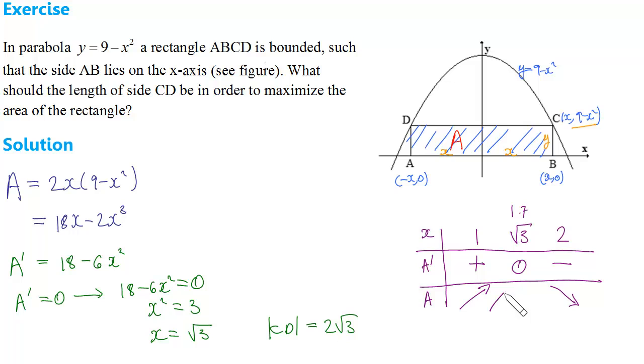So the general shape around here is like this, which means that this really is a maximum. So the area function does indeed have a maximum when x is square root of 3. What they asked us was the length of the side CD, which is twice the square root of 3, and that's the answer, and we are done.